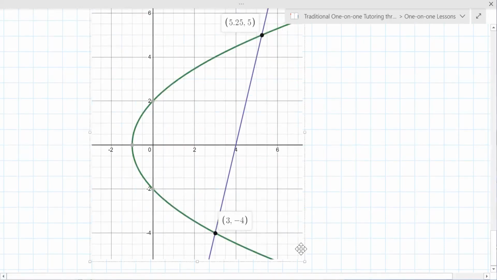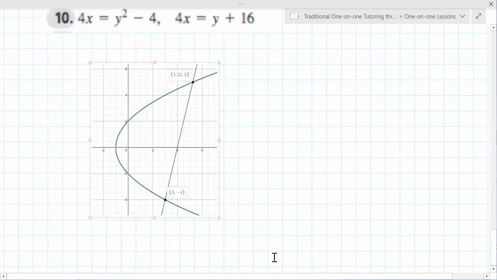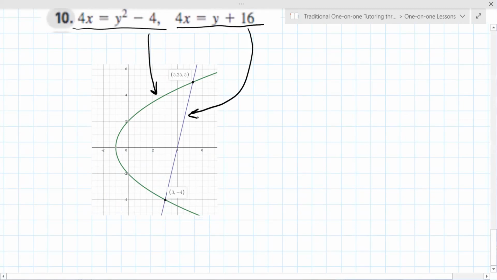Just tighten this up a little bit. The green is actually this first one here, and the purple is the line.